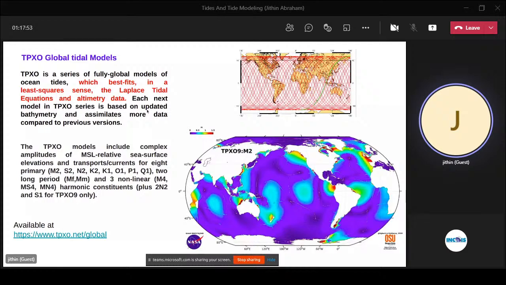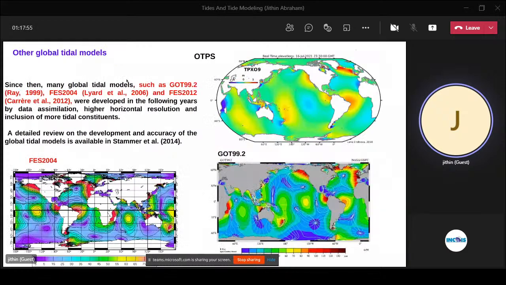Other than this TPXO model, which was based on satellite altimetry, there are also many other global models such as GOT 99.2 and FES 2004, which were developed in the following years by data assimilation, higher horizontal resolution, and inclusion of more tidal constituents.